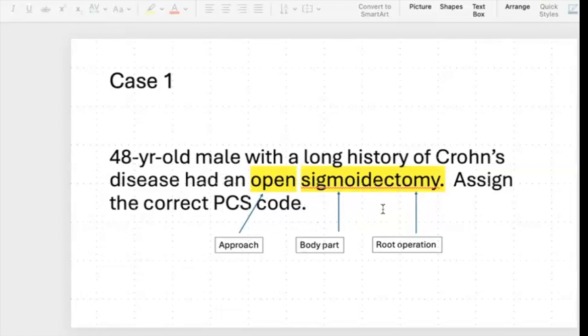Let's go to resection. I think it's on 108 from last night. Was it 108 or 110? Resection. And let's look at sigmoid. Your body part, guys, I have this instruction here, is sigmoid. Let's go look at sigmoid. If you don't see sigmoid, you start with colon. Resection of the sigmoid.